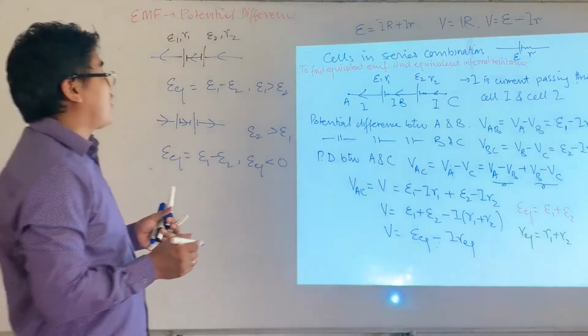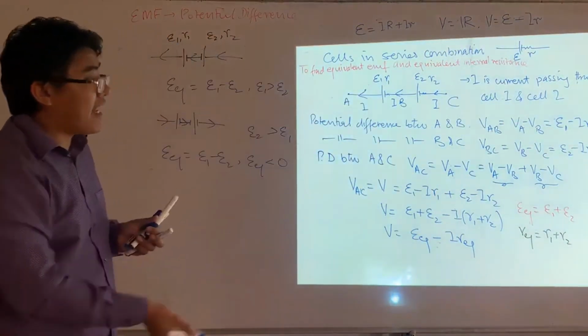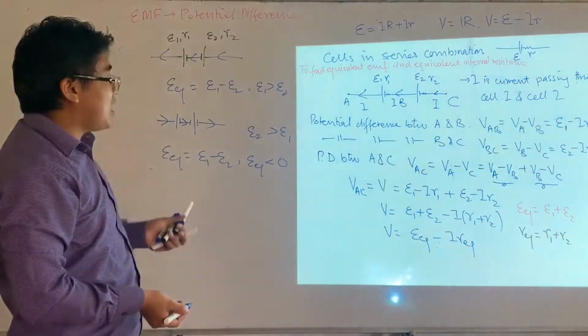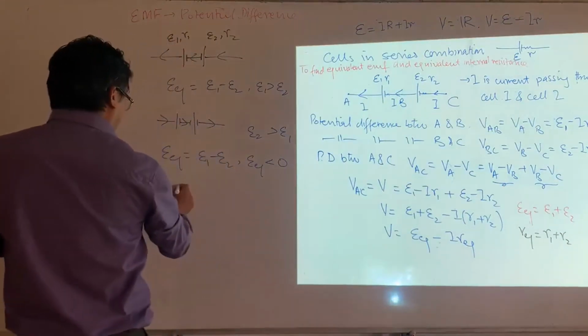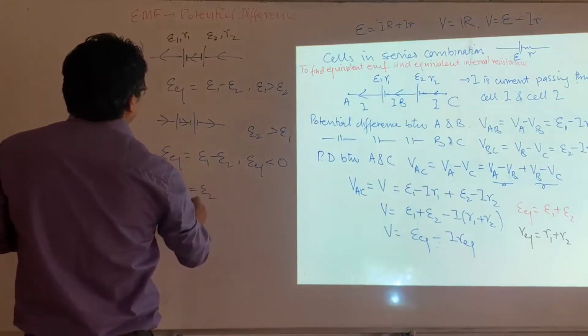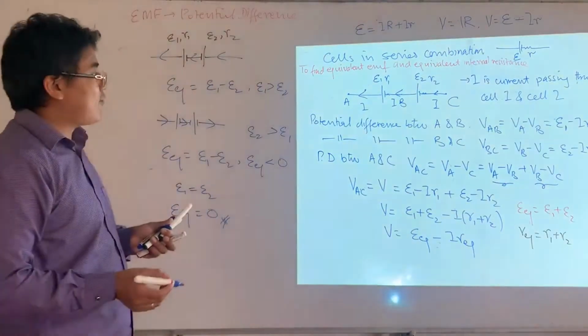Alright. So if the positive terminal of a cell is connected to the negative terminal of another cell, then EMF is going to be minus. Why? Because if E1 is equal to E2, then equivalent EMF is going to be 0. There won't be any EMF or potential difference.